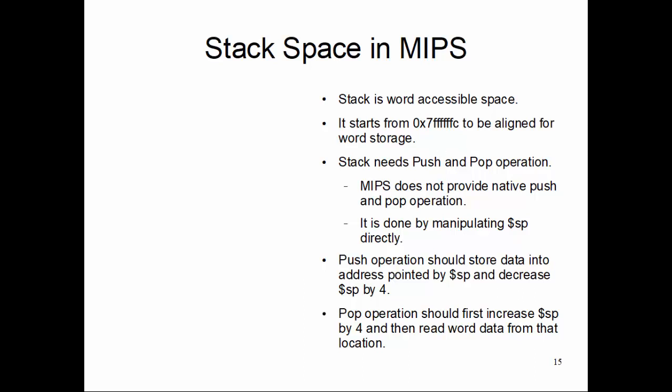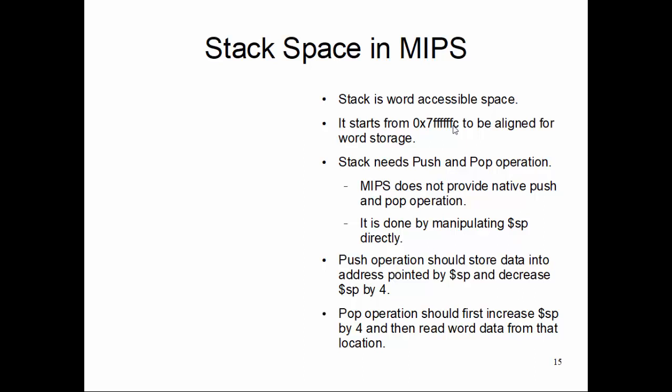It starts from 7FFC to be aligned for word storage. If I want to push a word starting at this address, this place is a byte from the MIPS perspective. So this is storing a byte.